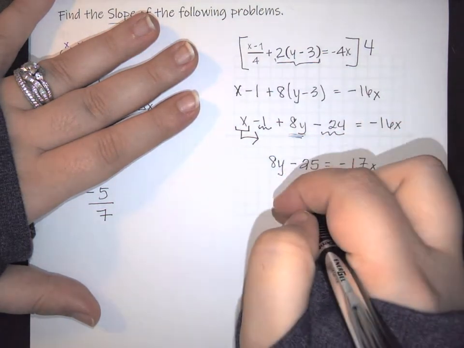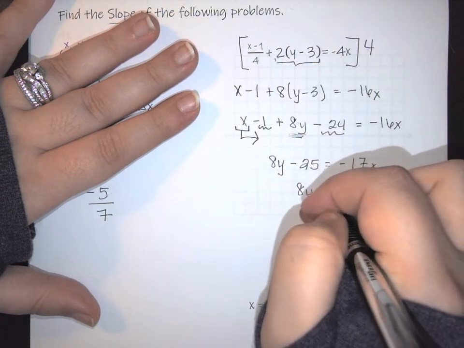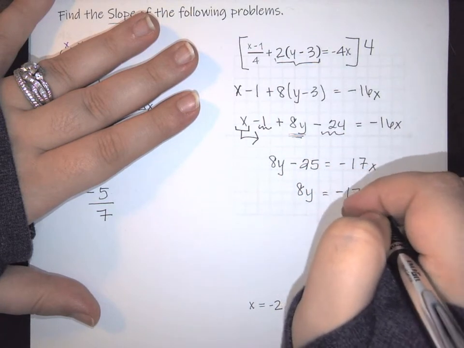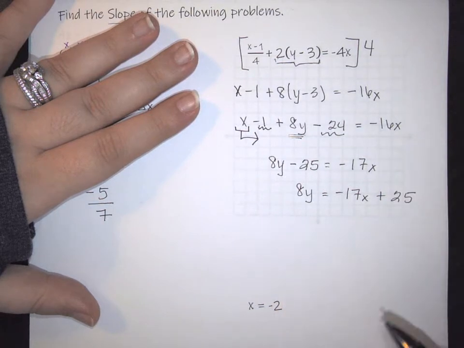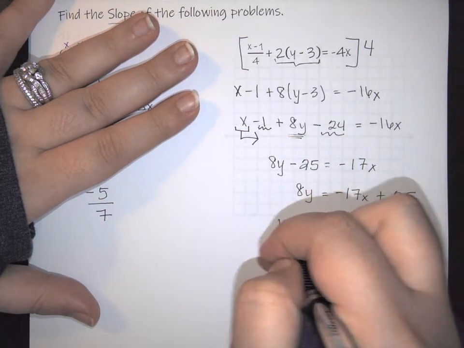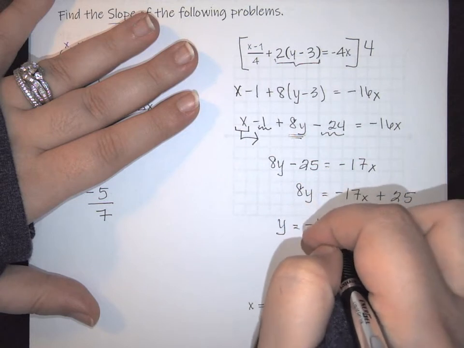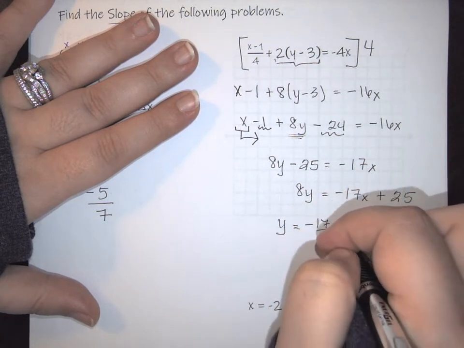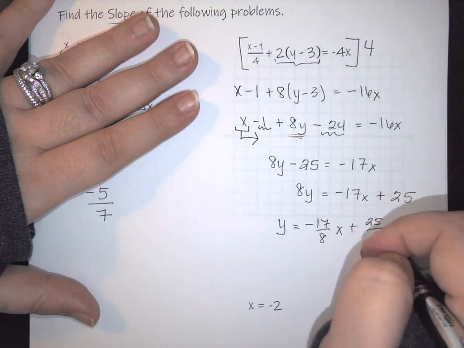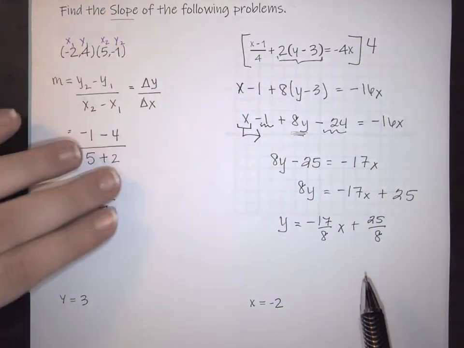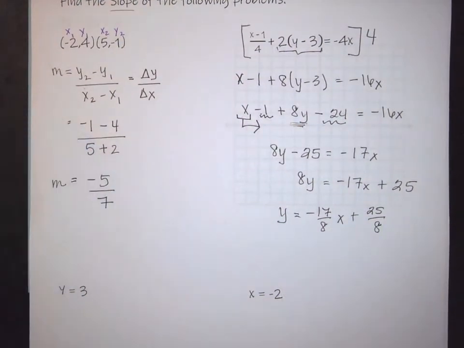Move the 25 over, and we get that 8y is equal to -17x plus 25. Divide everything by 8, and we get that y is equal to negative 17 over 8 x plus 25 over 8. Now, a lot of students stop here and think they're done, but what was the actual question?